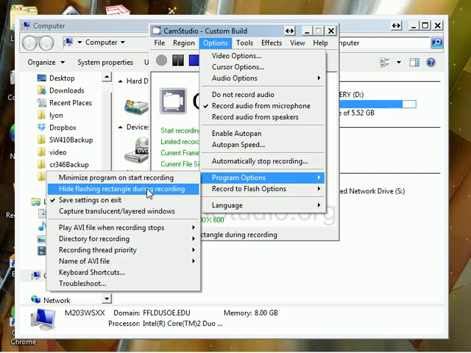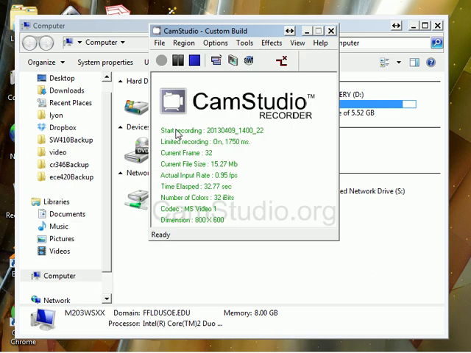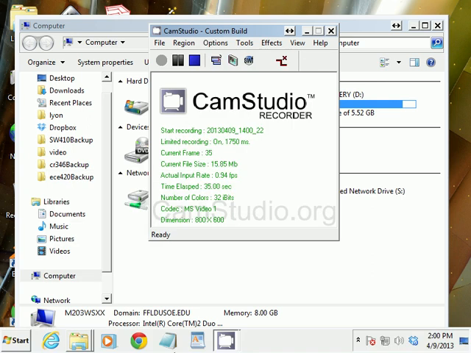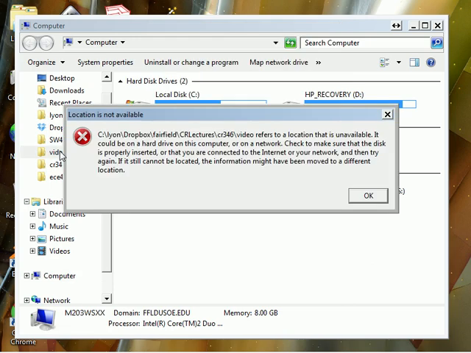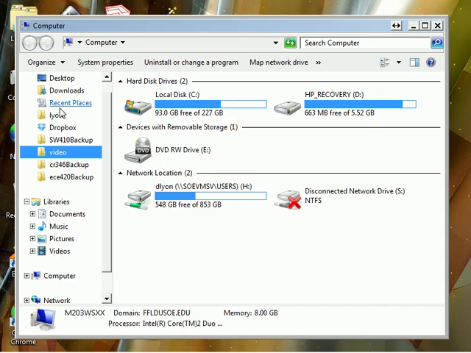I don't even see a flashing rectangle. Where's the flashing rectangle? I think there is no flashing rectangle. And I don't see any advantage in hiding it. Wow.